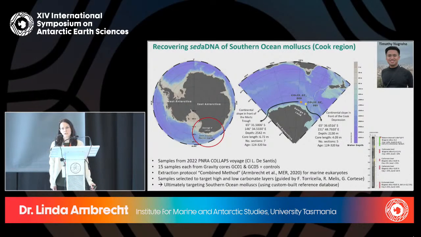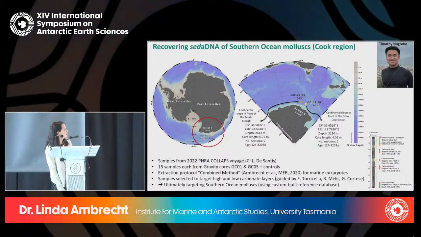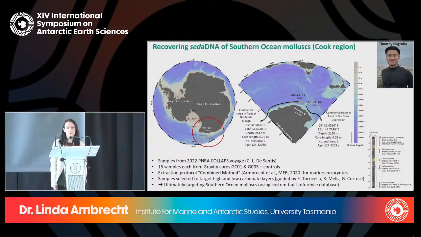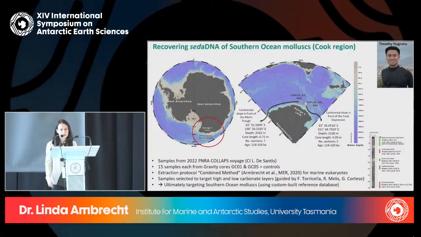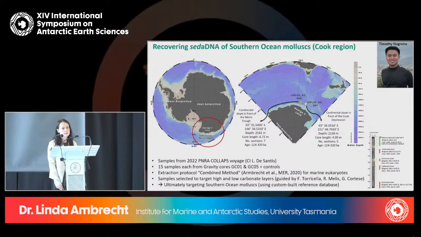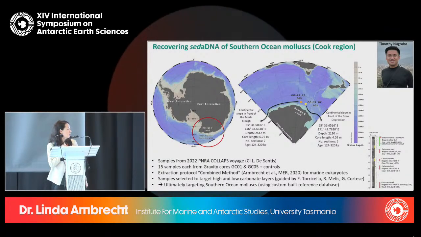This is the last project I want to introduce to you. This is Timothy Nugroho. He's a master's student in the lab, and he's working on samples from the 2022 Collapse voyage that Laura led. He's been looking at 2 different sediment cores and has selected samples that were on a relative scale high and low carbonate samples. And so he's been doing some tests.